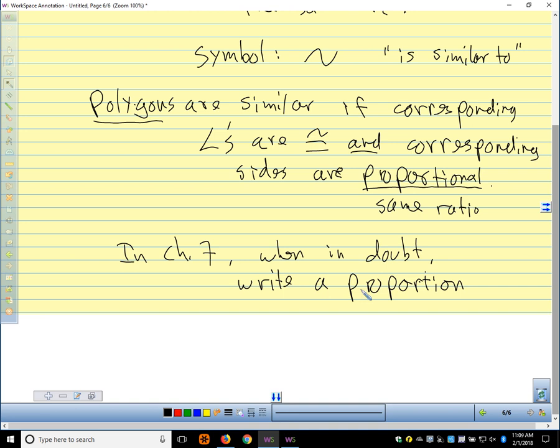So that's going to be our key way to solve problems in Chapter 7. All right, so let's look at a couple of similar polygons and talk about how we end up writing proportions. Now, what we're going to do in this chapter is similar to what we did in previous chapters. We're going to talk about polygons, and then there are shortcuts to figure out if triangles are similar.